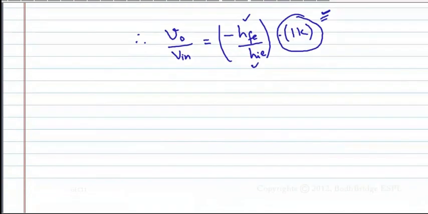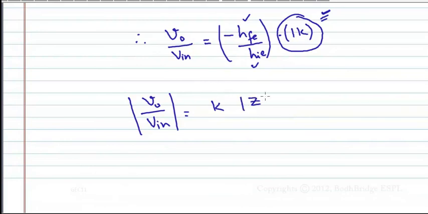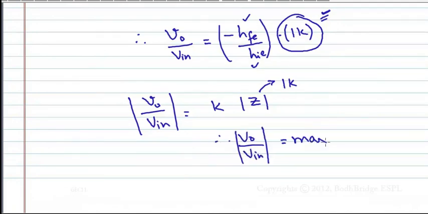Therefore V output by V input is how much? Actually, mod is equal to some constant K into some Z, but this Z is maximum at resonance frequency, that is 1K we are getting here. Therefore V output by V input is maximum at this frequency. See, if it was not resonance, here we got 1 by 2K plus 1 by 2K, which simplified to be 1 by K or something, and we got 1K.